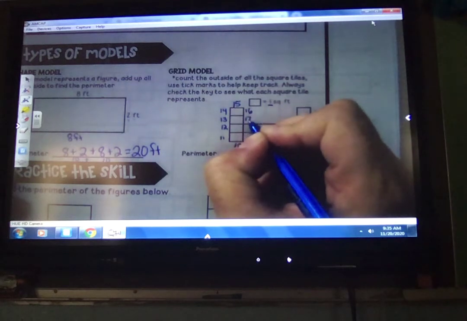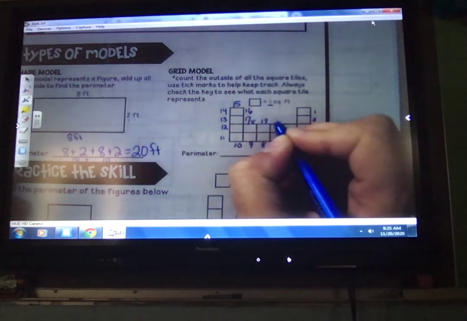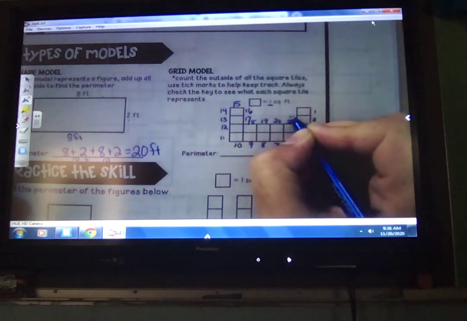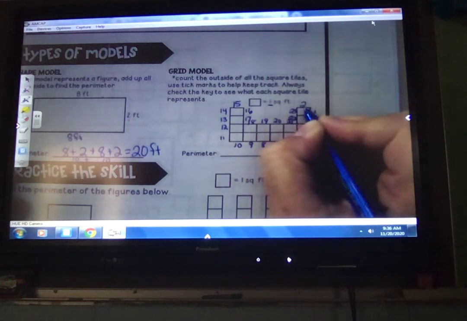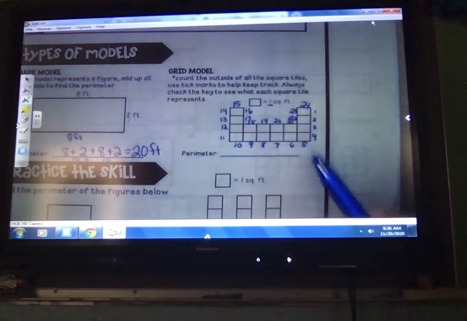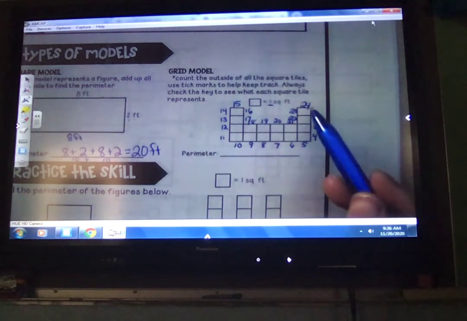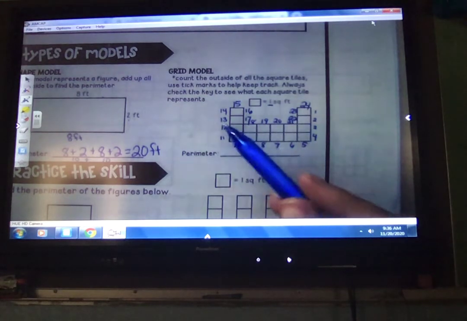16, 17. Turn the corner, keep walking. 18, 19, 20, 21. Turn the corner, keep walking. 22, 23. Turn the corner, keep walking. 24. If I walk around every side of this shape, I will cross over 24 of those lines.